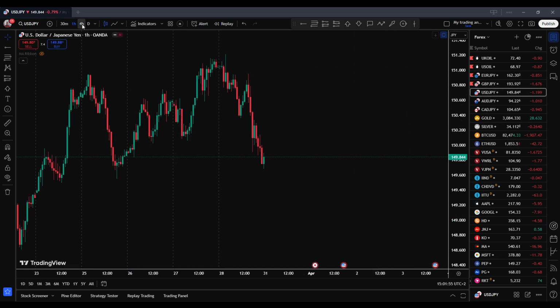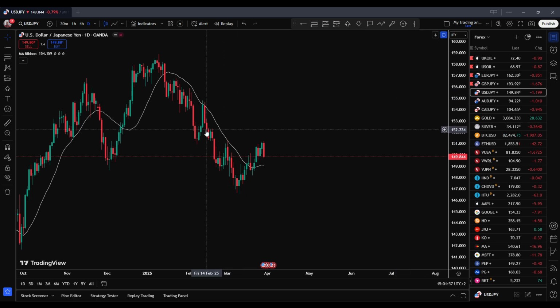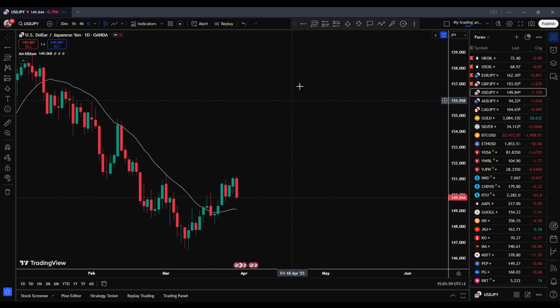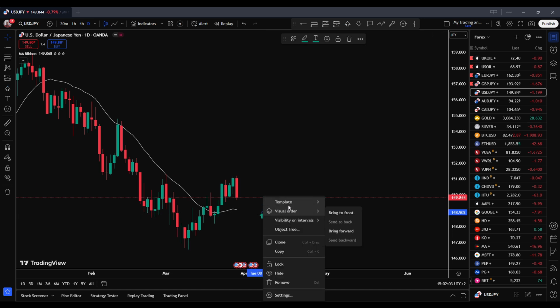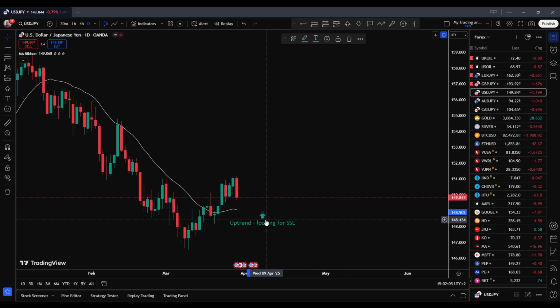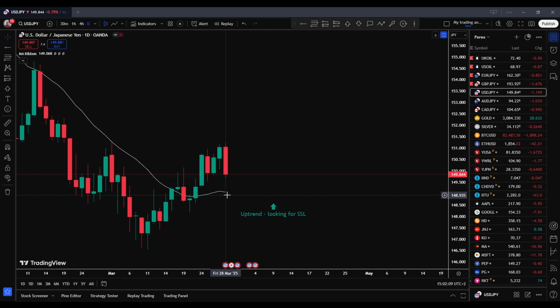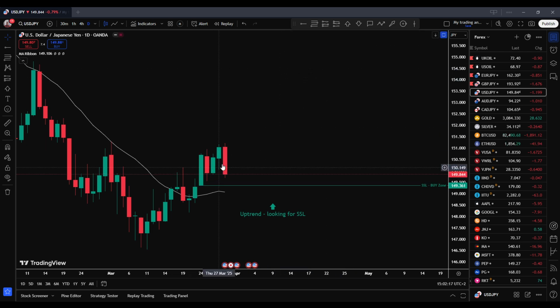Okay, the next pair is USDJPY. Again, on the daily time frame we have an uptrend, price above the simple moving average 20, and I find only one valid sell side liquidity from Monday again. These two here were taken from the Friday daily bar.